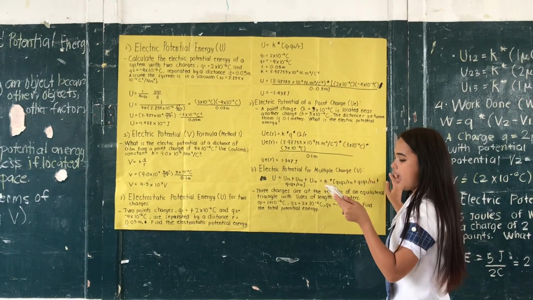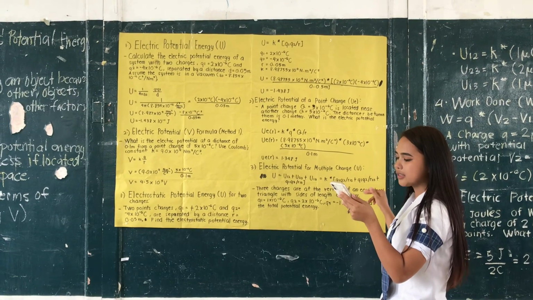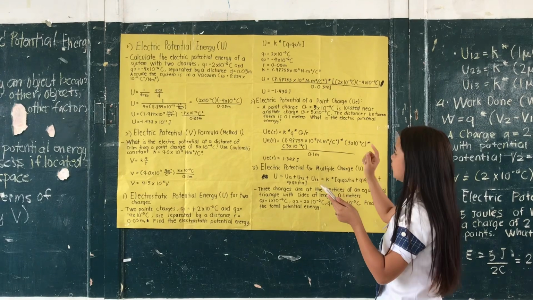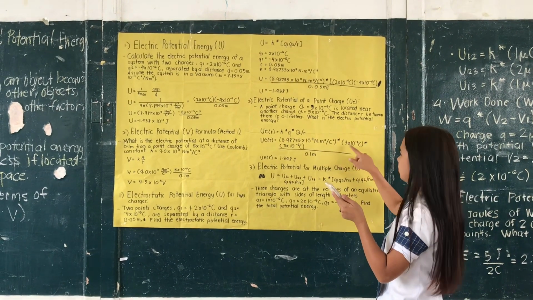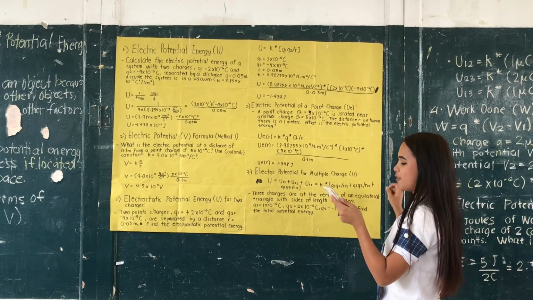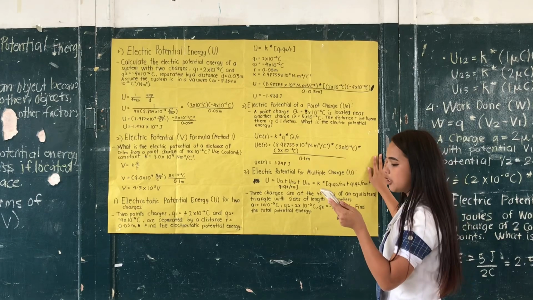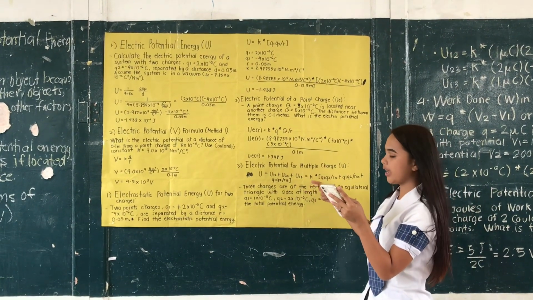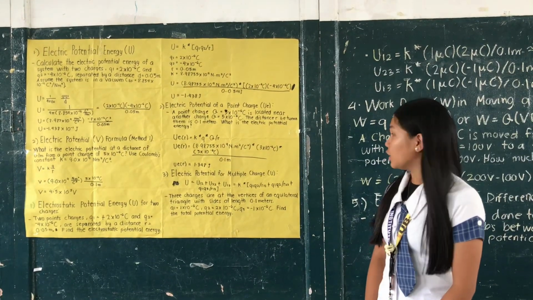It equals 8.98755 times 10 raised to the power of 9 newton meter squared per coulomb squared, times 3 times 10 raised to the power of negative 6 coulombs, times 5 times 10 raised to the power of negative 6 coulombs over 0.1 meter, which is 1.3048 joules.